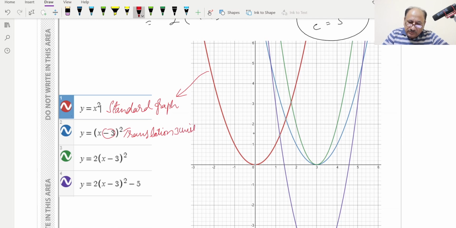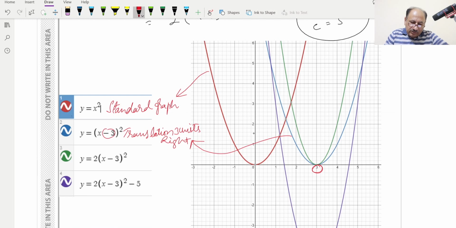The red is moved 3 units right, which is basically this blue curve. So the red is moved to the right by 3 units, and we reached over here. You can see this is at 3.